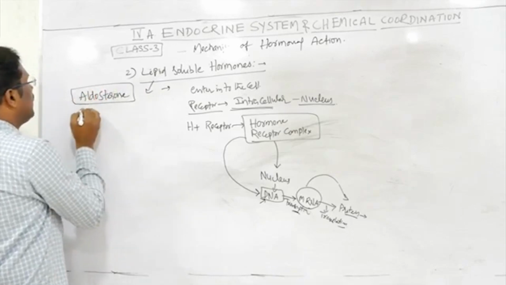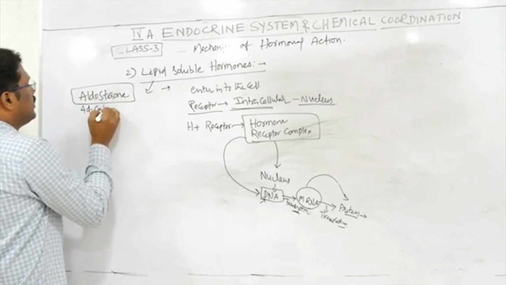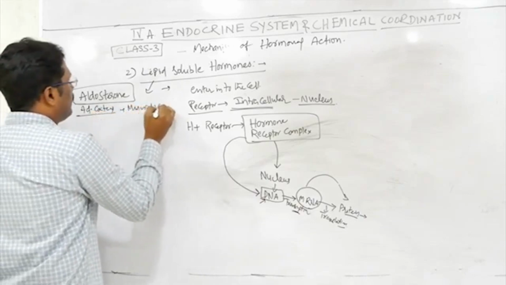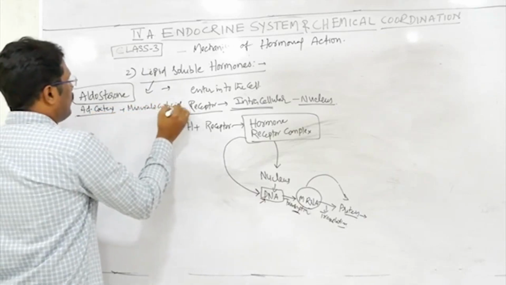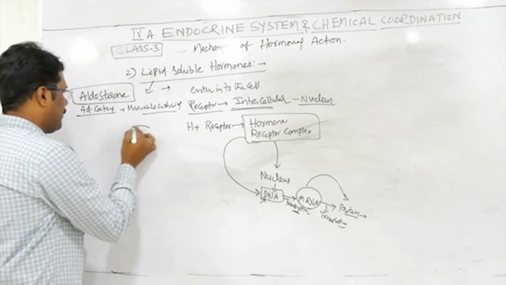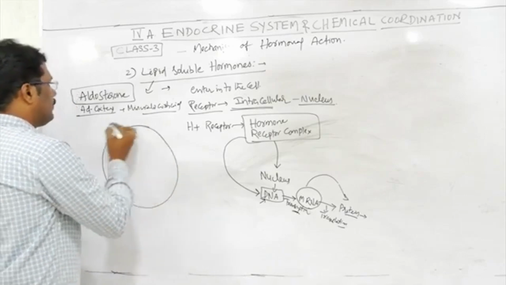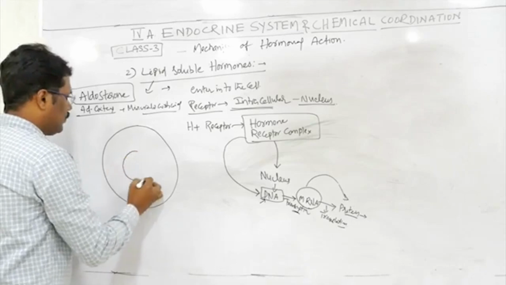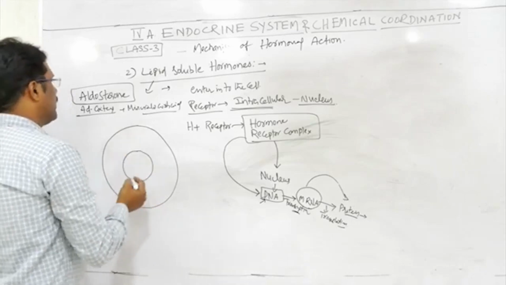Aldosterone is produced by the adrenal cortex region, and it is a mineralocorticoid. And let us see how it works. So this is the cell, and this is the nucleus.